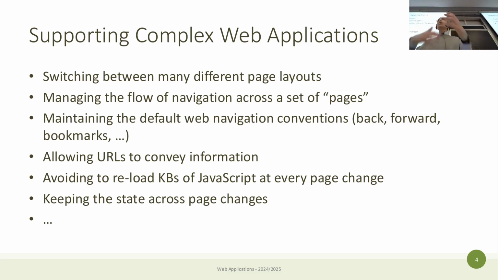And you might want to divide the application into pages, okay? This was traditionally done in traditional old web applications by different URLs that correspond to different resources on the server, okay?